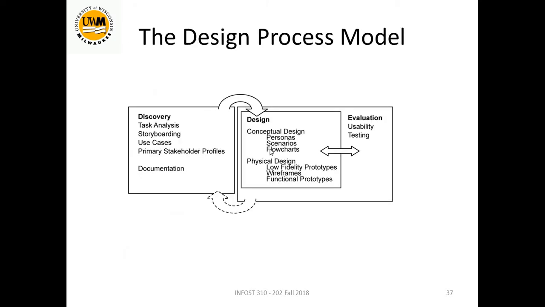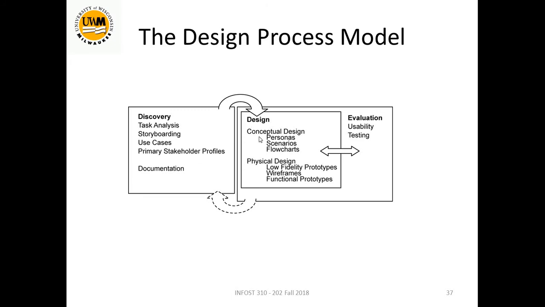If we look at the design process in general, we see that it consists of three phases. We have the discovery phase, the design phase, and the evaluation phase, with movement in between. Discovery contains things like task analysis, storyboarding, use cases, primary stakeholder profiles, and documentation of the requirements.